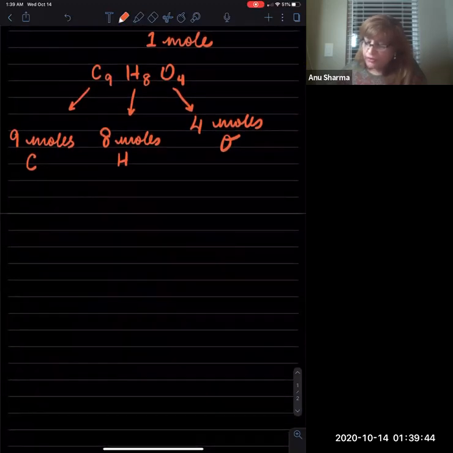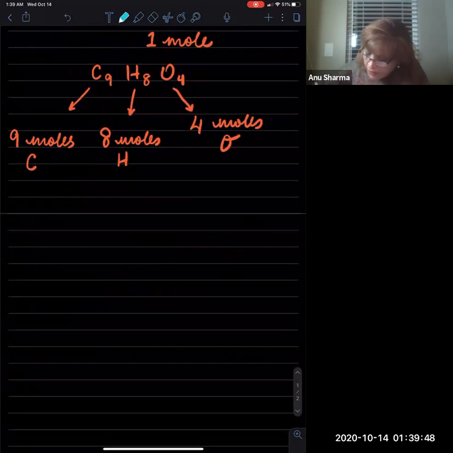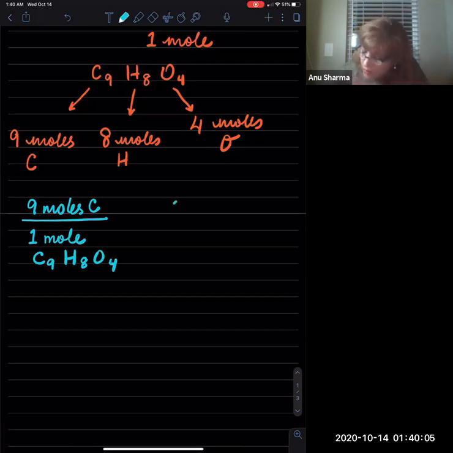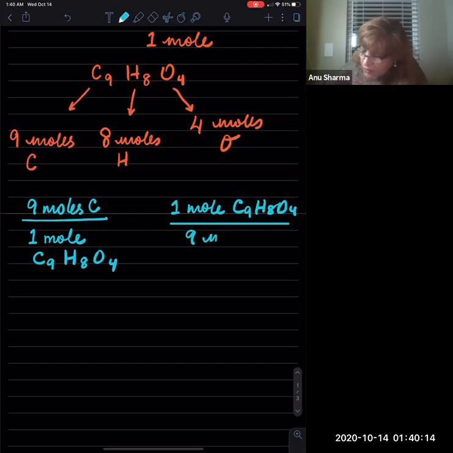So we are going to write this as 9 moles of carbon are present in 1 mole of C9H8O4, or 1 mole of C9H8O4 contains 9 moles of carbon.